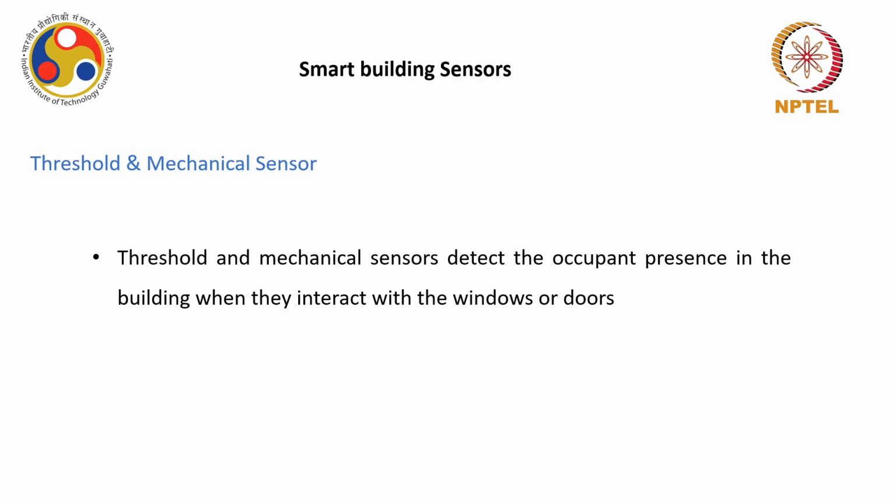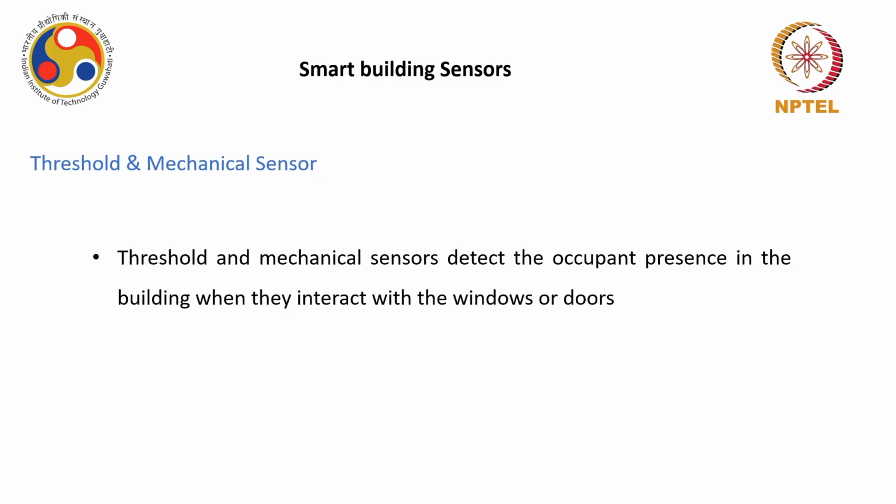Okay. The next kind of devices which are very much utilized for monitoring the occupancy in a building is threshold and mechanical sensors. Threshold and mechanical sensors detect the occupancy or the occupant presence in the building when they interact with something, okay.